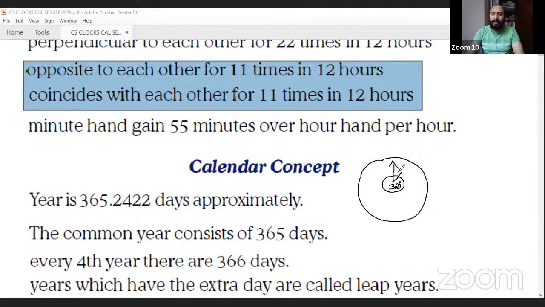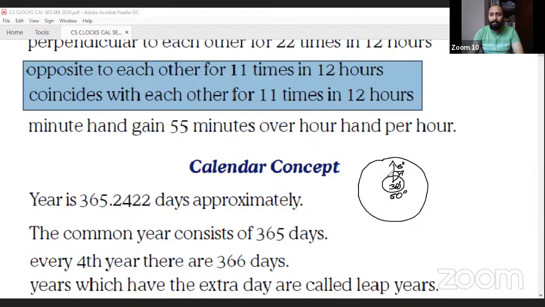With that, the hour hand would have moved 5 minutes. Yes or no? So 360 degrees is 60 minutes, and the hour hand moves 5.